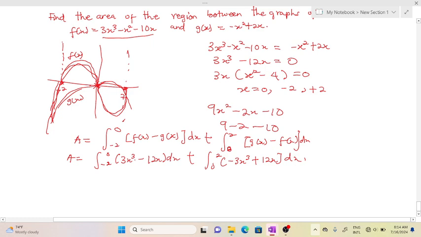Here you add 1 to the power, and you're going to get 3x to the power 4 over 4, and this becomes minus 6x squared, from negative 2 to 0, then plus negative 3x to the power 4 over 4 plus 6x squared from 0 to 2. And this will give us 24 square units.